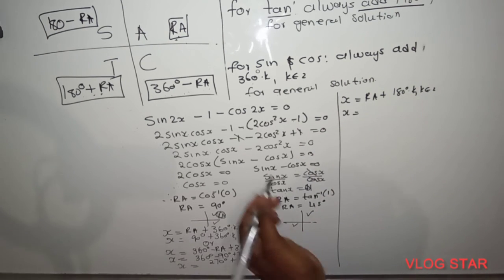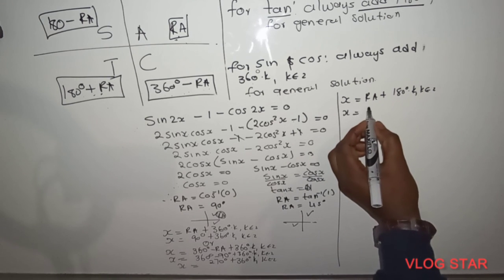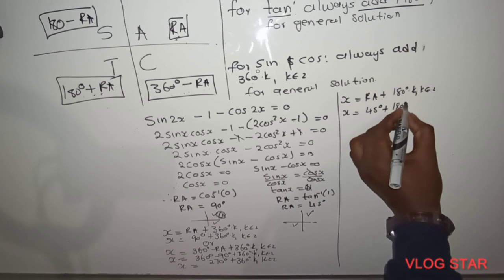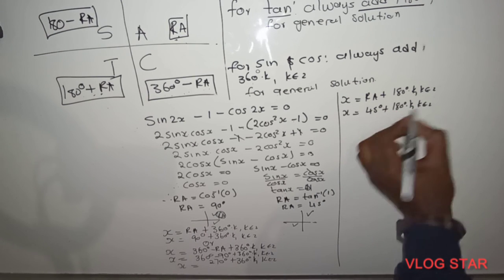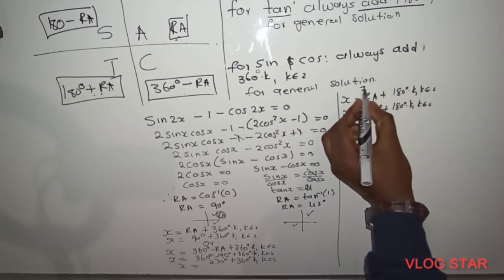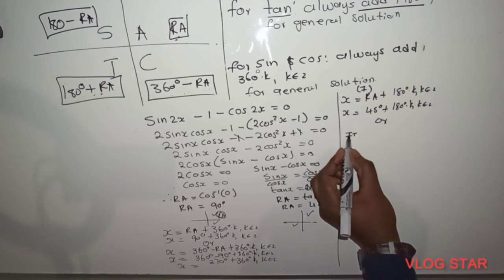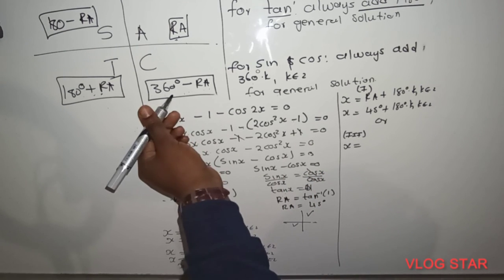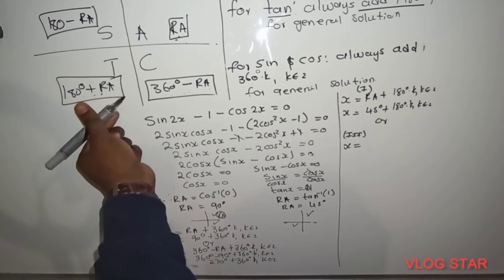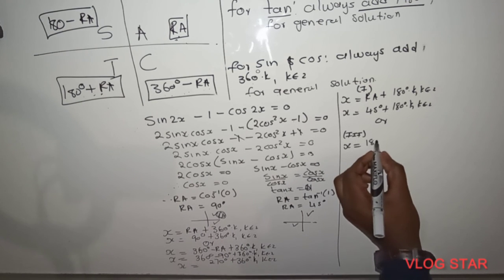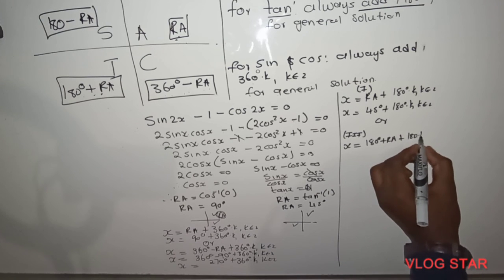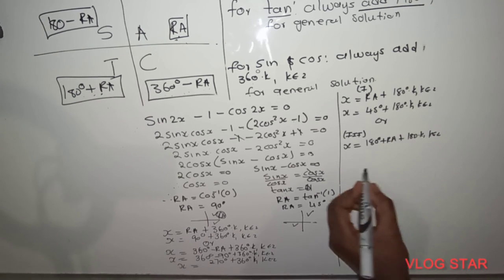So x, the reference angle for the first one, will remain as 45 degrees plus 180 degrees dot k, k an integer. The one for the third quadrant, sorry, it's the third quadrant, not the fourth, is going to be x equals 180 degrees plus RA plus 180 dot k, k an integer.